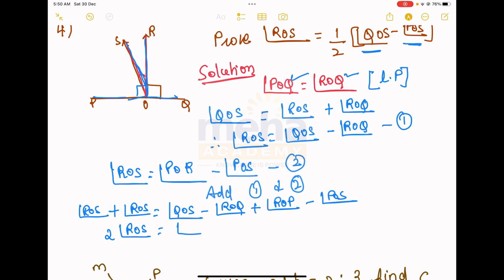We need QOS minus angle POS. So here we have ROQ, here we have ROP. We know that ROP is equal to ROQ. So these two get cancelled and our answer is proved. Therefore, ROS is equal to half of angle QOS minus angle POS.